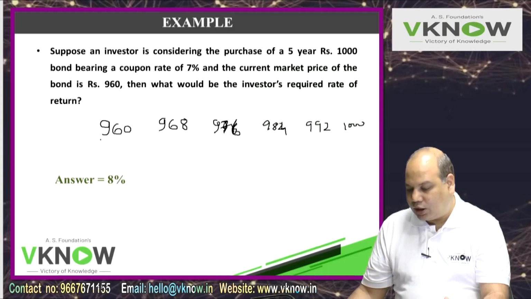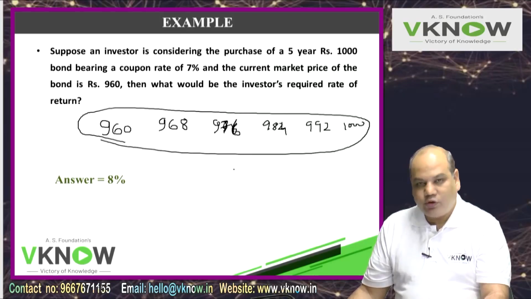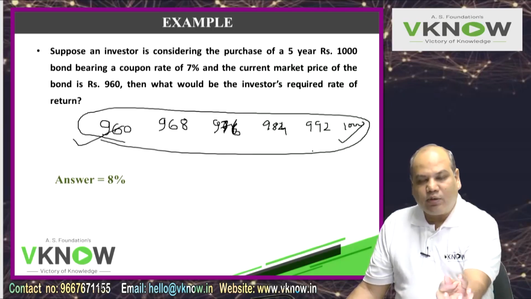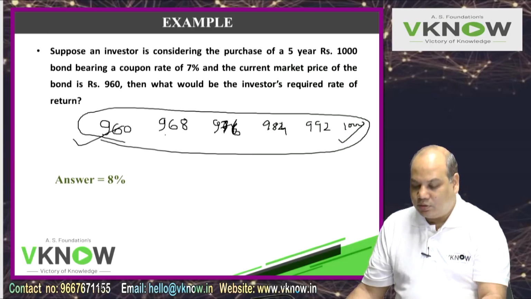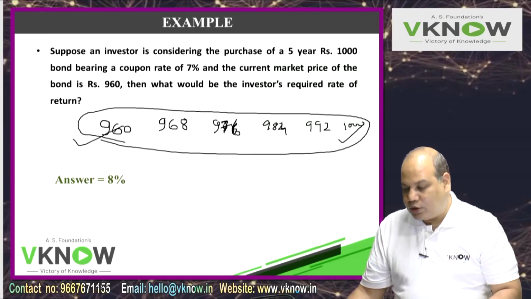If you take the average of these numbers, they will give you the same average which you will get by just taking the end-to-end numbers, 960 and 1000. You can try. So that is why instead of writing all these numbers, we say the average amount which remained invested in the bond is the average of 960 and 1000. Otherwise, truly speaking, you have to write all these numbers.